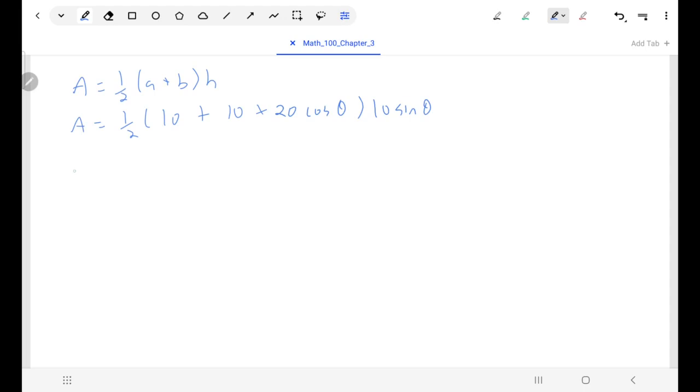So if I were to clean this up a little bit, I would have area being 20 plus 20 cos theta times 1/2 is 10 plus 10 cos theta.